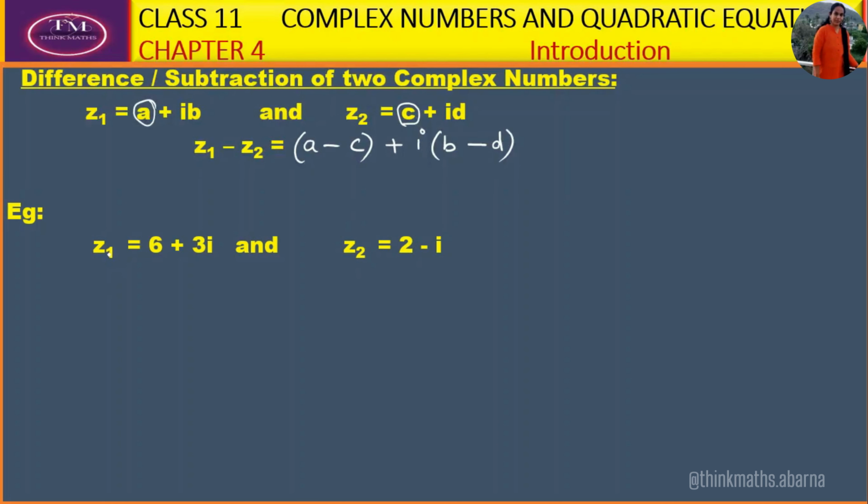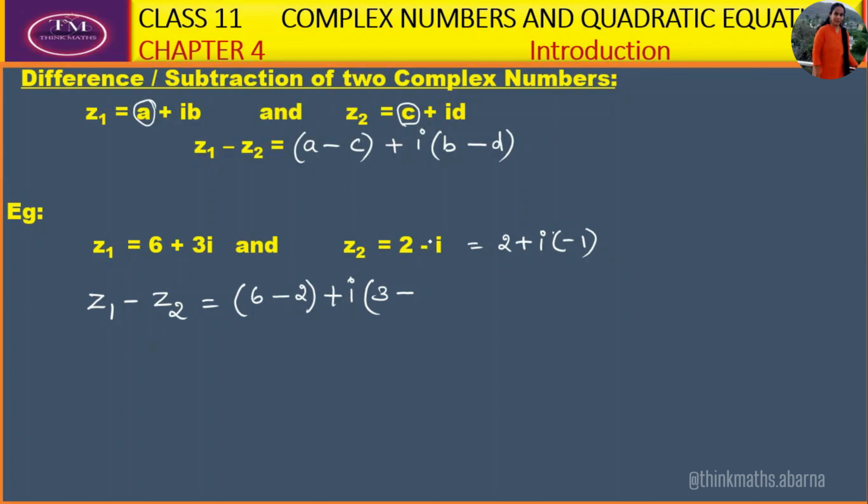Clear? Now, for example, we have Z1 equal to 6 plus 3i and Z2 equal to 2 minus i. What is its subtraction? We note it as Z1 minus Z2. So we will subtract as 6, the real part in Z1, minus the real part in Z2, which is 2, plus i into the imaginary part in Z1, which is 3, minus, here it is 2 minus i. This can be written as 2 plus i into minus 1.